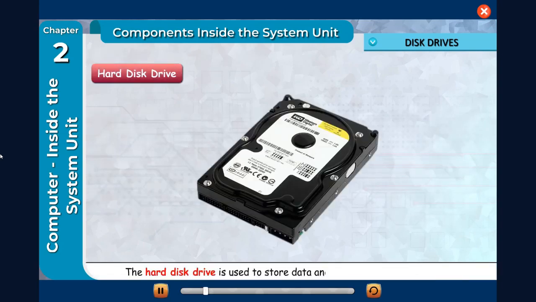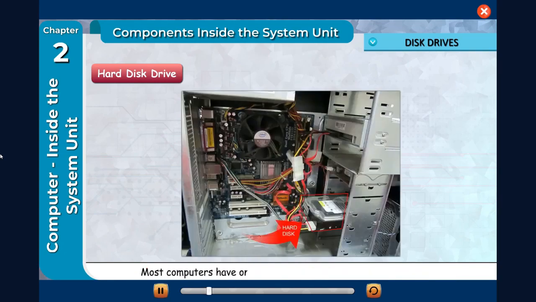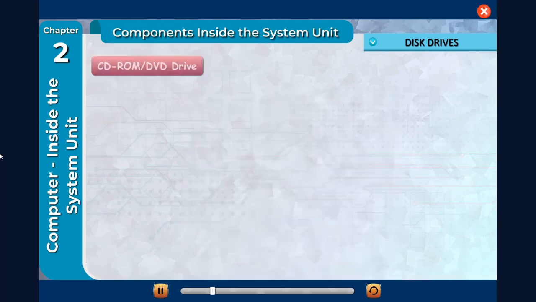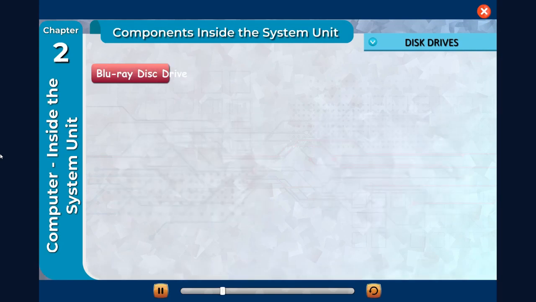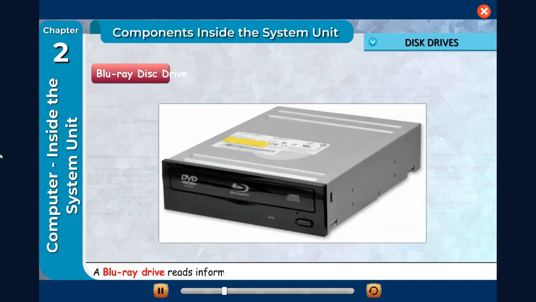Most computers have one hard disk located inside the system unit. CD-ROM or DVD drive. A CD-ROM or DVD drive reads information stored on compact discs, CDs or DVDs. Blu-ray drive. A Blu-ray drive reads information stored on compact discs, CDs, DVDs or Blu-ray discs.